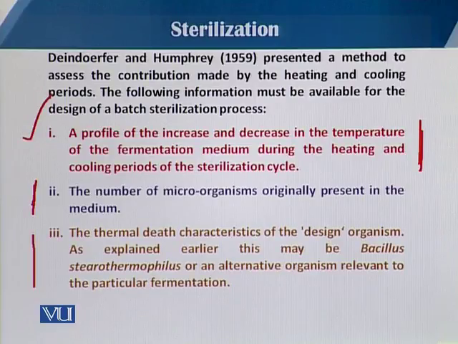And the third one is the thermal death characteristics of the design organism, mostly Bacillus stearothermophilus or any alternative organism relevant to the particular fermentation. These are the 3 pieces of information we should know before designing the batch sterilization.